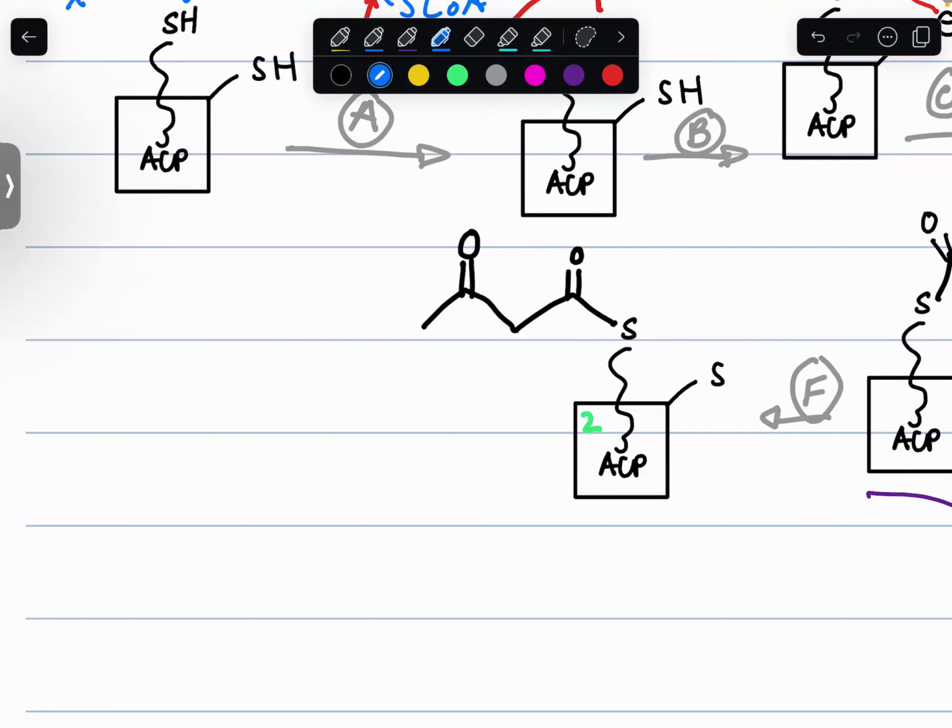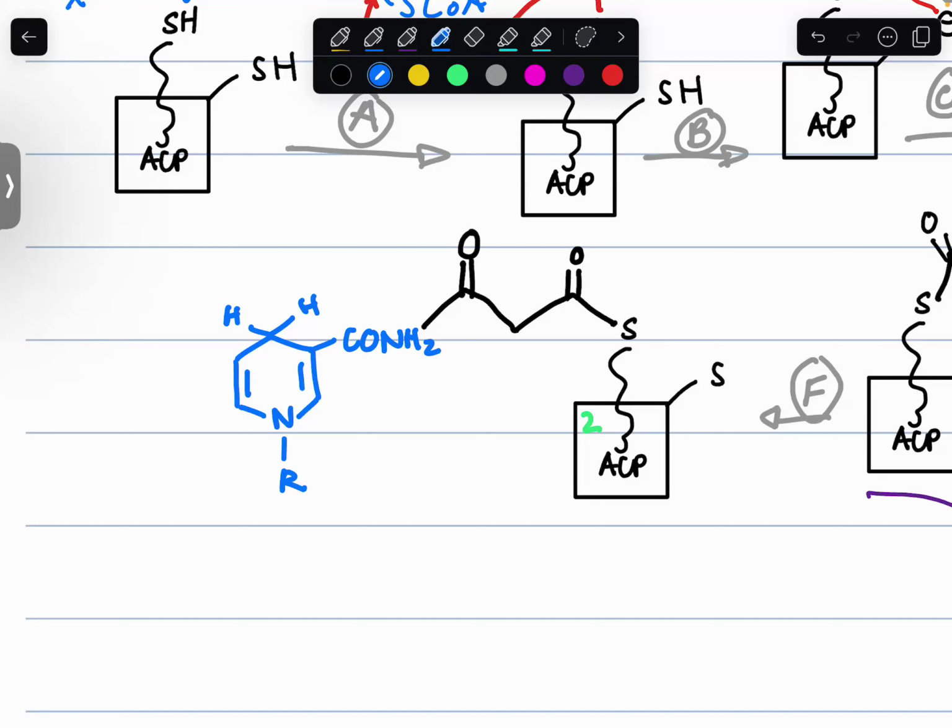Reductions and oxidations both use the same general principle when it comes to NADH. This is NADH. You have to draw the R on there because NADH is actually a huge molecule.